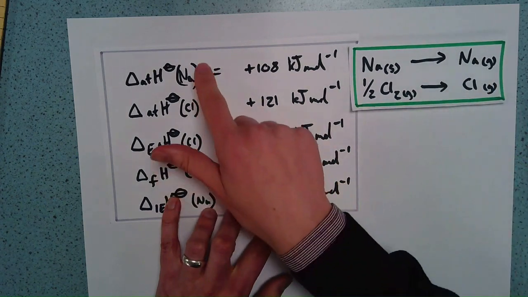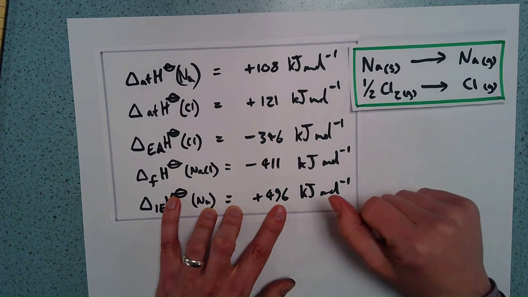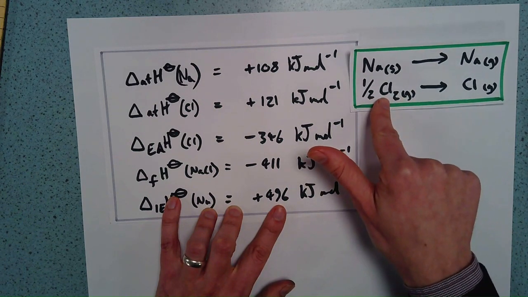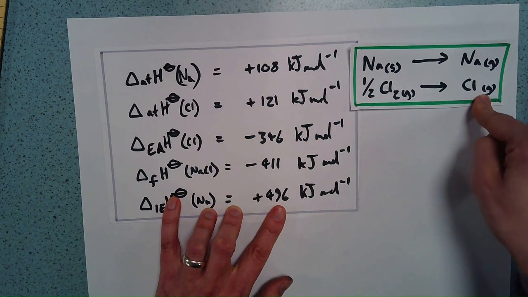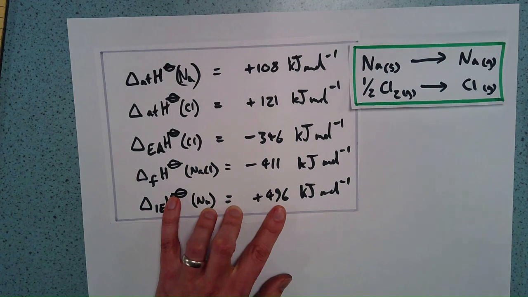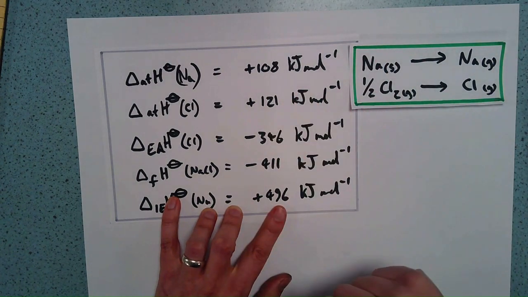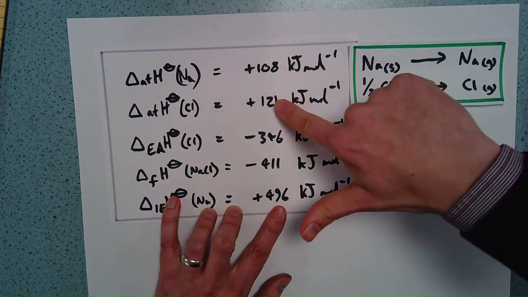Those two are going from solid sodium to gaseous sodium, and from chlorine in the gaseous state as half a mole of molecules to chlorine in the gaseous state as single atoms. So the direction of the arrow is going to be important when you draw your Born-Haber cycle, but also whether it goes up or down is important.